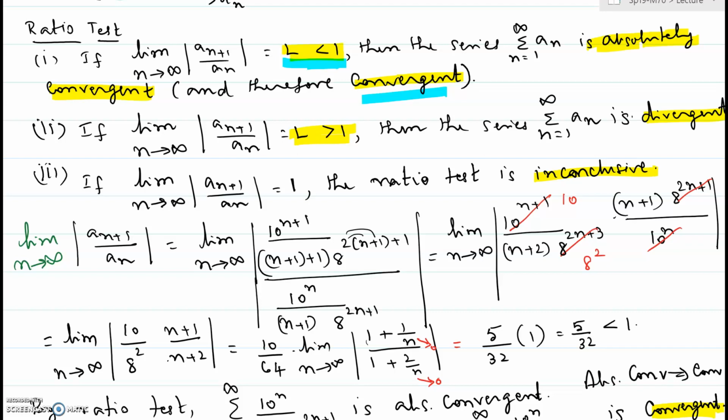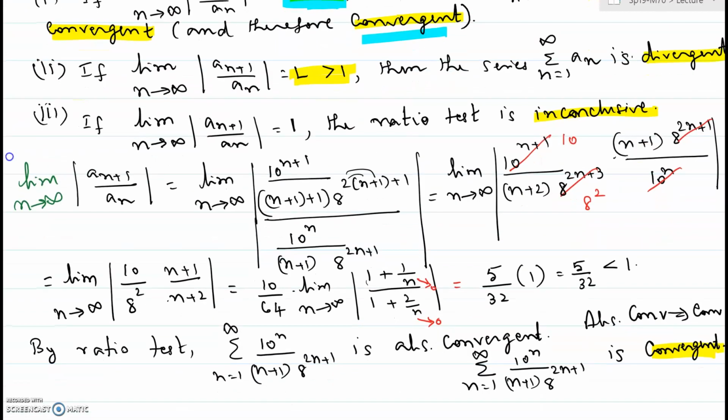If it turns out to be condition 3, you have to apply some other test in order to arrive at the conclusion about the convergence or divergence. If the limit is either less than 1 or more than 1, your conclusion would be as stated in the test. So in this case, we proved that the limit is less than 1. So the series is absolutely convergent and therefore convergent.